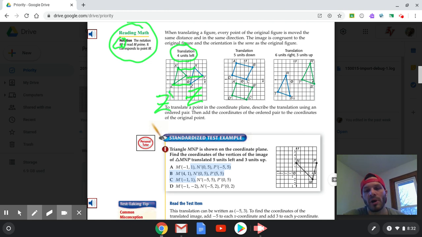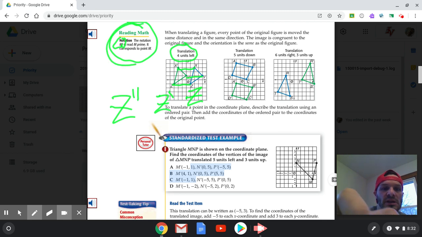And so you put one apostrophe to show that's the first position that it moved to. And if we moved it again, we would simply make the next point Z double prime. That's just a way to read the math here. So as you see that, that's what's happening.